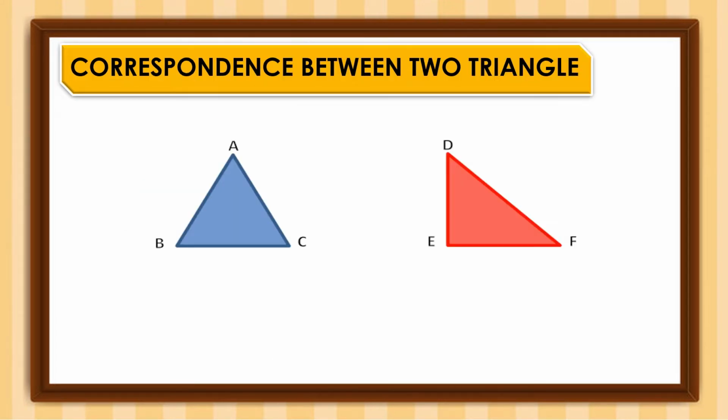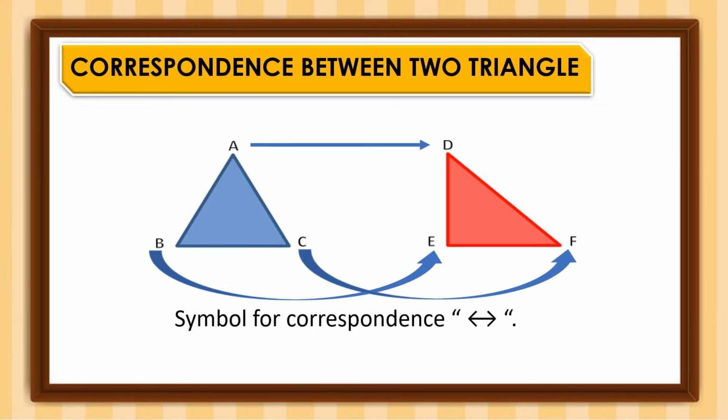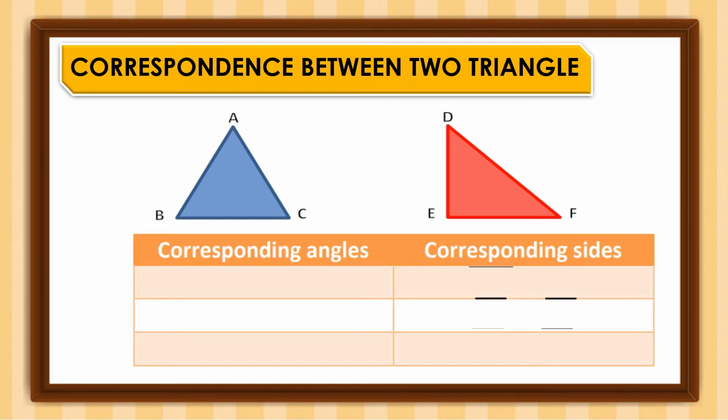We also discussed that in triangle ABC and triangle DEF, A can be paired up with D, B with E, and C with F. This pairing up of vertices can be described by using the symbol of correspondence, which is like this. In this correspondence, there are 3 pairs of corresponding angles and 3 pairs of corresponding sides.